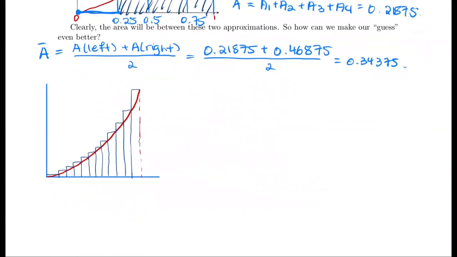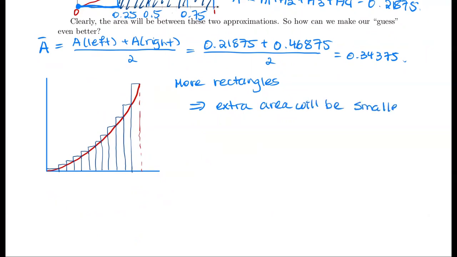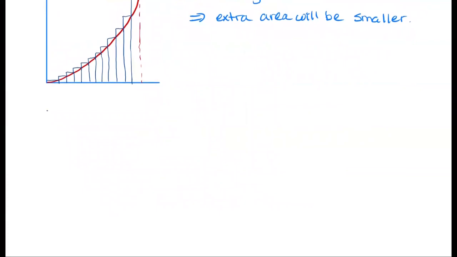The key thing here is that if we have more rectangles, then that means the extra area will be smaller, right?